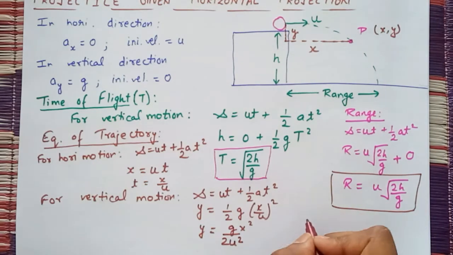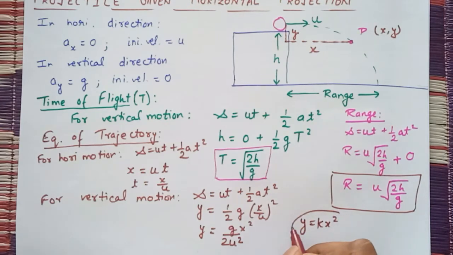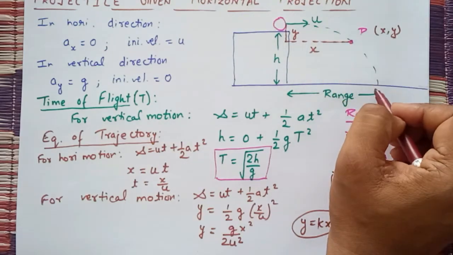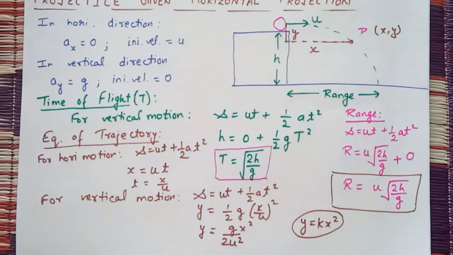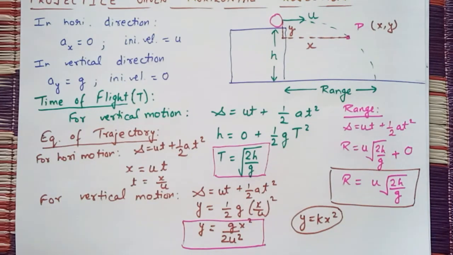So it is in the form of y = kx². This is the general form, or I can say this is the equation of a parabola. We call it a parabolic path, and this is the equation of trajectory.